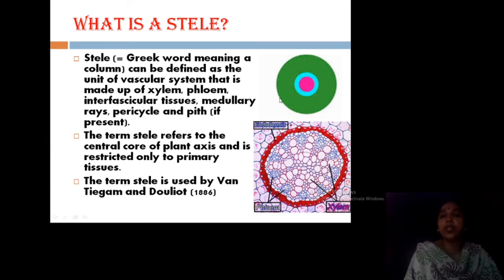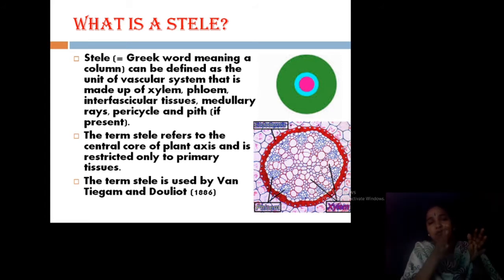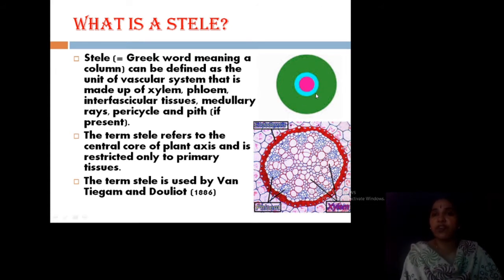So, when you visit a forest or a plywood industry or somewhere else, you can see woods cut down and trees cut down, and you can observe the circular outline of the wood. And when you observe inside, you can see a central portion, a clear spherical portion. That is actually the stellar portion when it is in the young condition or the primary condition. So, this is the core part or the stellar portion.